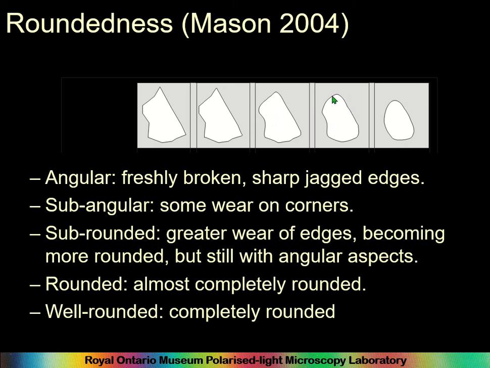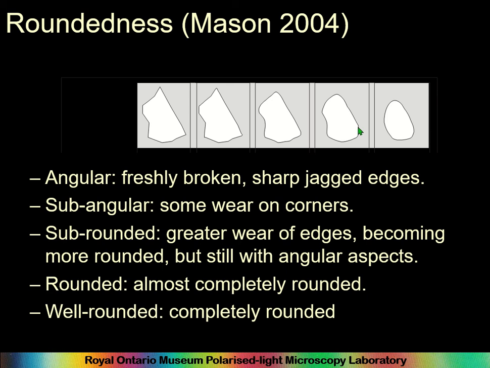So rounded is pretty well rounded. Not well rounded, but it's quite rounded. And so it's rounded, but there'll be embayments like this, you see, and a bit of a straight line here and there. So it's rounded.